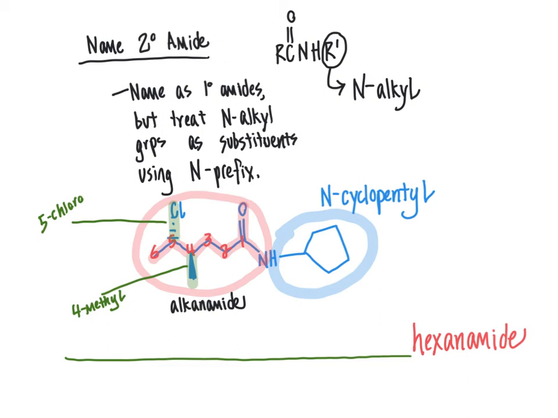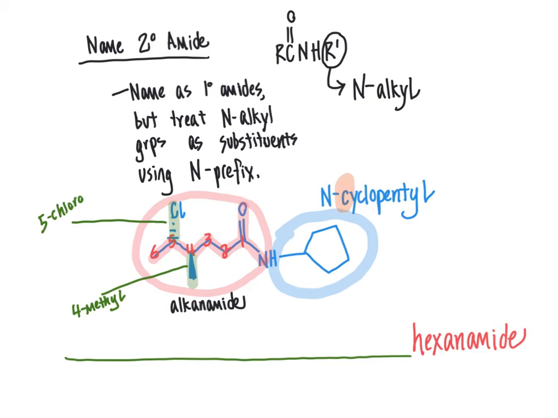So now that we have accomplished this, what we need to do is go ahead and fill in, in alphabetical order, the positions of the chloro, methyl, and cyclopentyl branches. Now, when alphabetizing these, we do alphabetize based on the term cyclo in cyclopentyl, at least based on the current IUPAC rules.